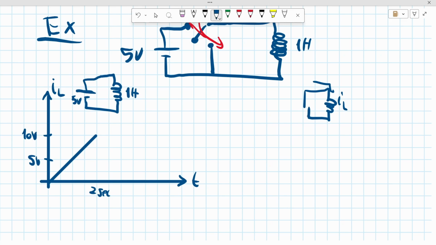At this time, after another 2 seconds, the voltage across the inductor is zero. Now the L equals zero, which means that the I by the T is also zero. So the current will stay at its value like this. And we actually created a current source that is closed on itself.